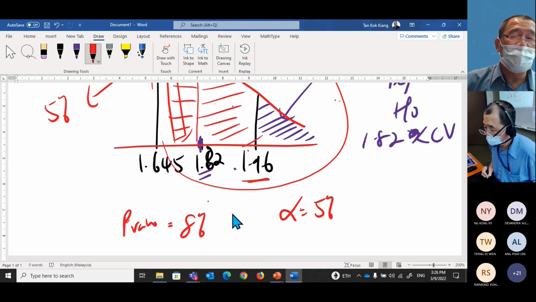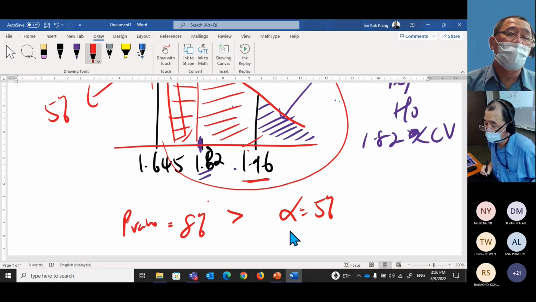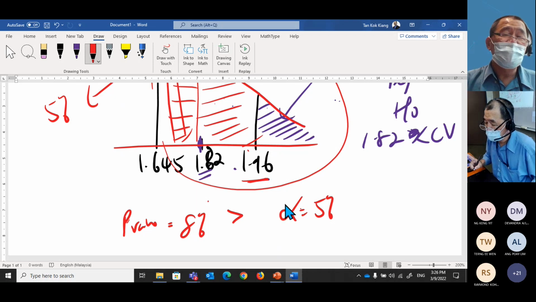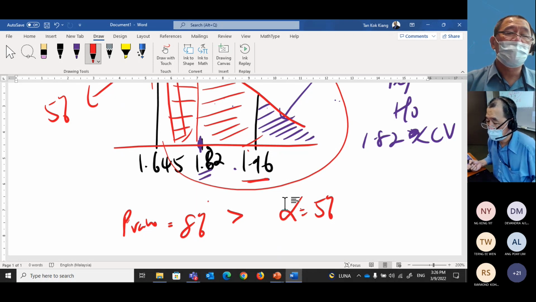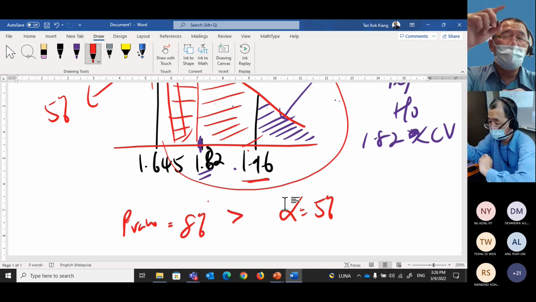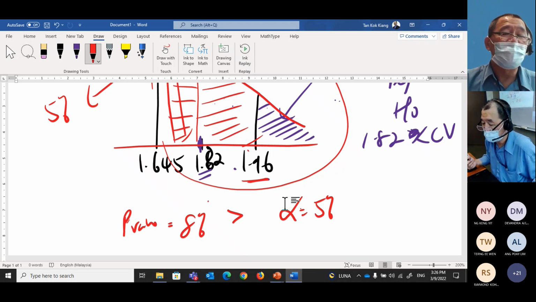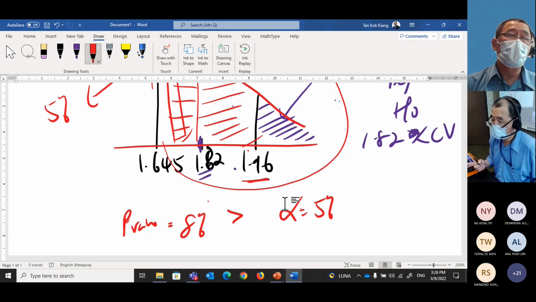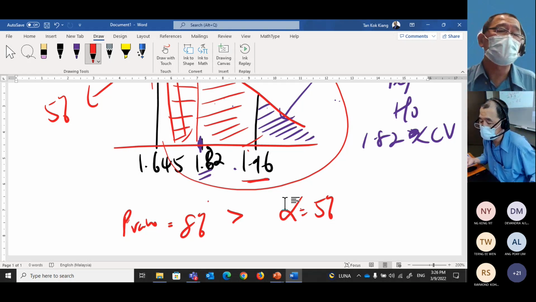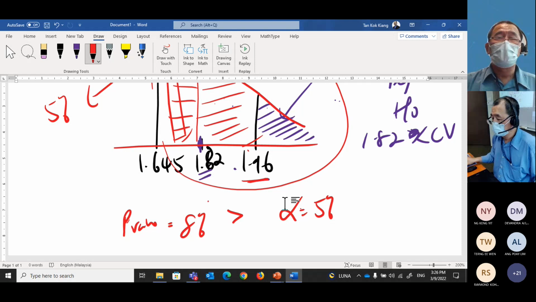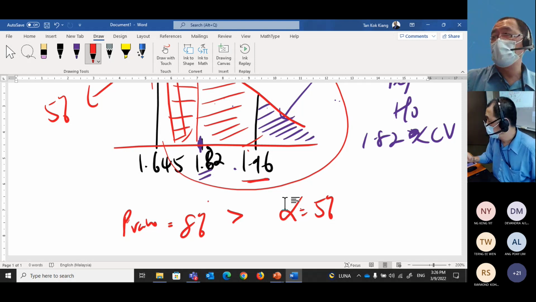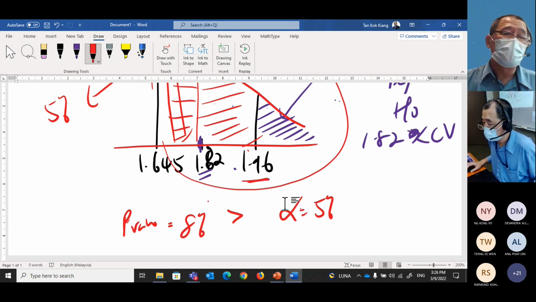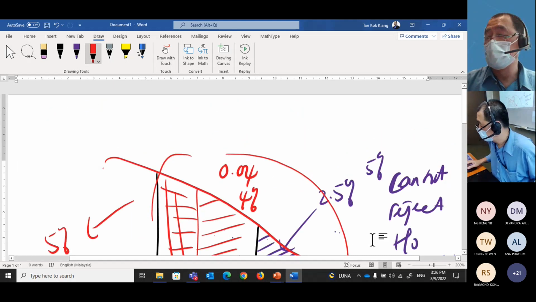Therefore, p-value larger than alpha, we cannot reject the null hypothesis. This is also a more important golden rule for us. P-value larger than alpha, we cannot reject the null hypothesis. Therefore, we have the same conclusion as the method just now.